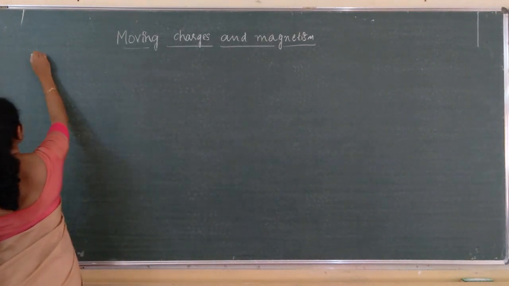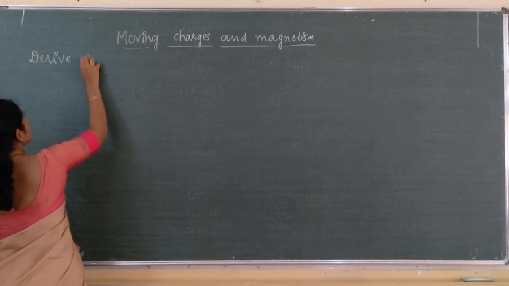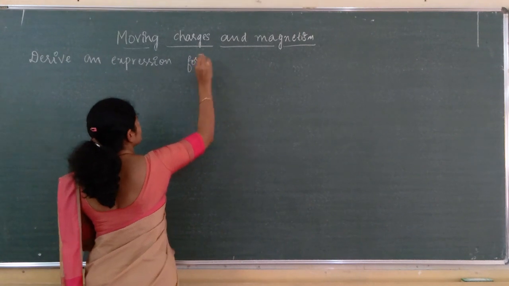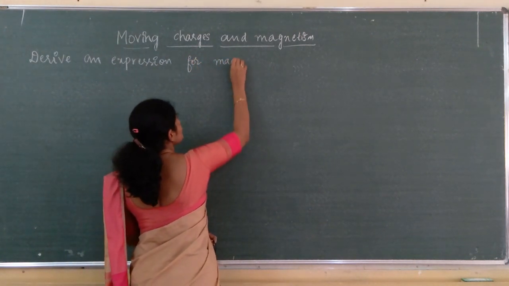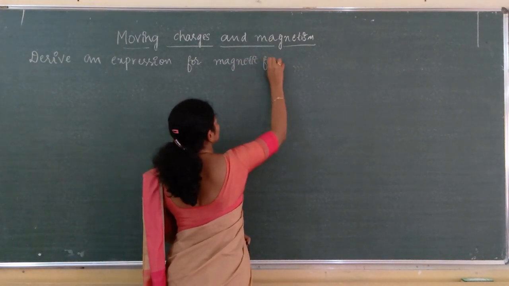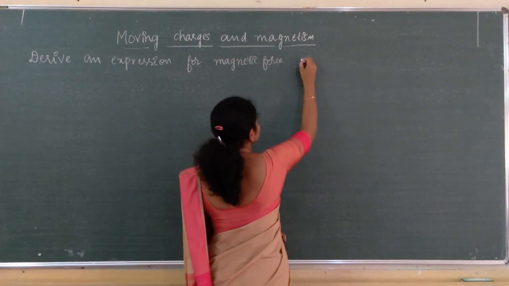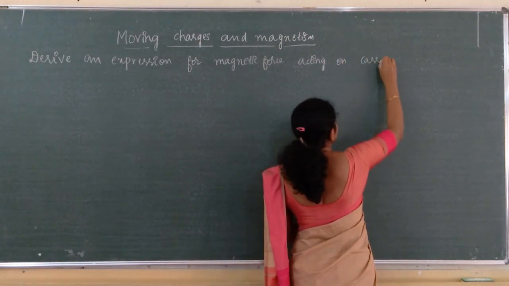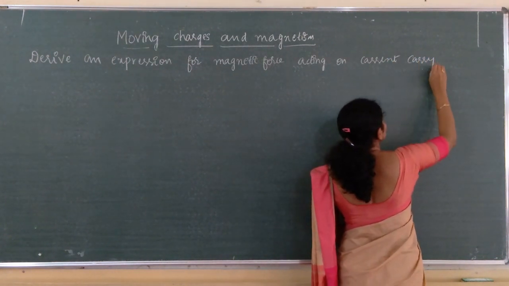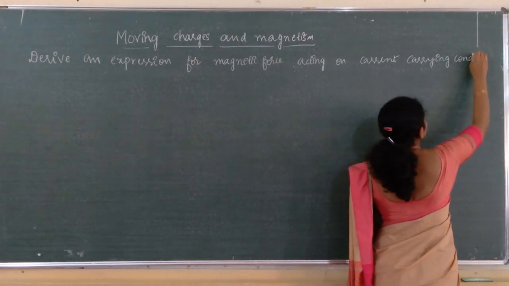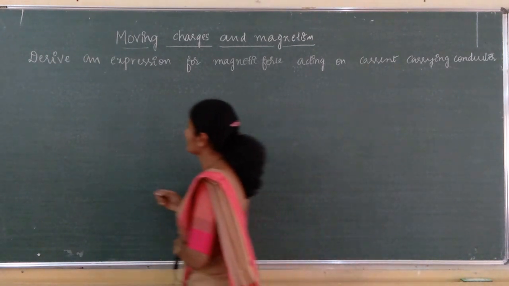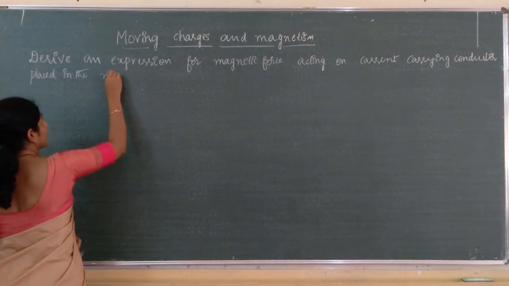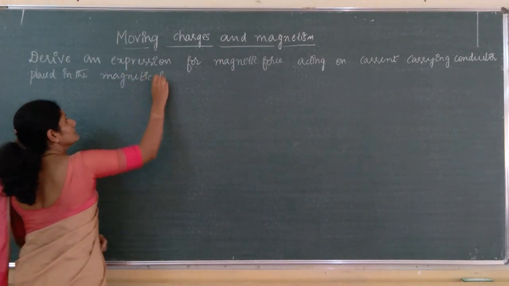So, let us derive an expression for magnetic force acting on a current carrying conductor which is placed in the uniform magnetic field B.